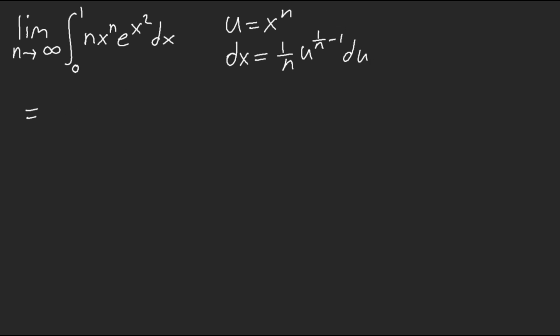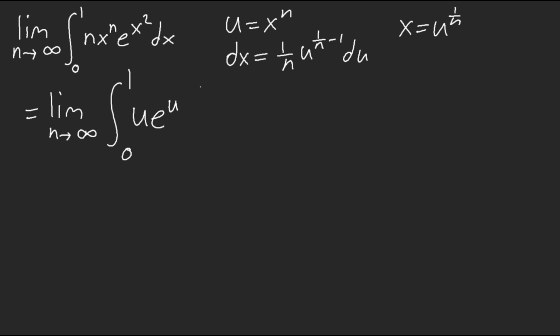Okay, so now you go ahead and apply that substitution straightforwardly. 0 to 1, the n cancels out. That's u. e to the x squared is now going to be e to the u to the power of 2 over n, and then times u to the power of 1 over n minus 1.